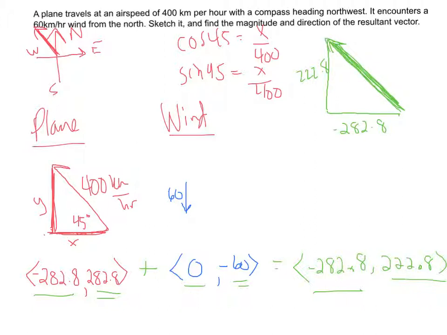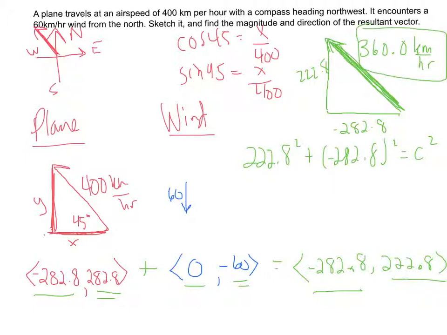So to do that, we're going to use the Pythagorean theorem. 222.8 squared plus negative 282.8 squared is going to equal the magnitude squared. So I'll type this into my calculator. And when I do that, I get 360.0 for our magnitude, kilometers per hour.